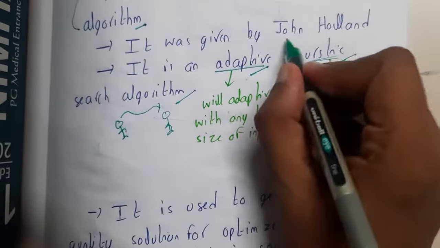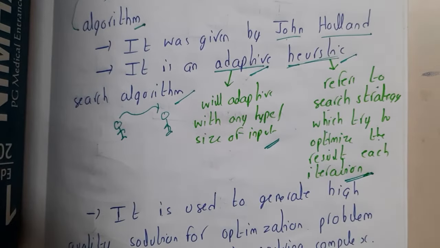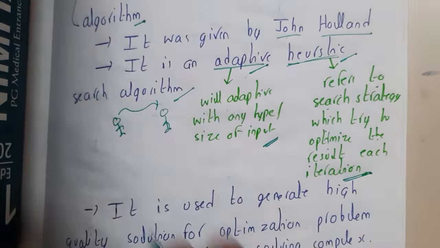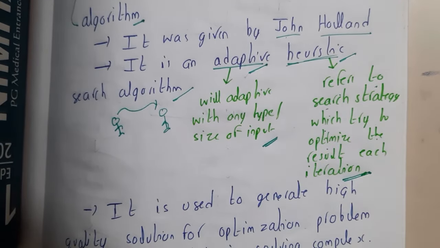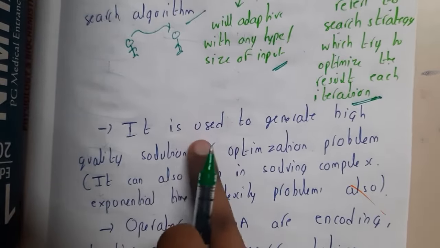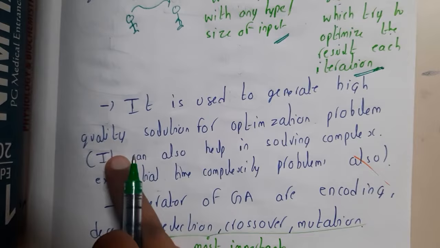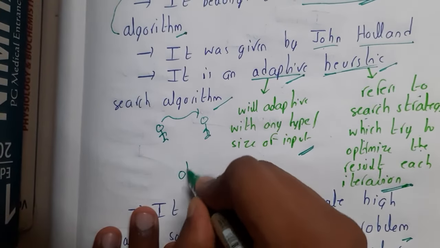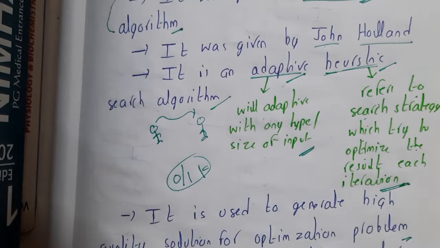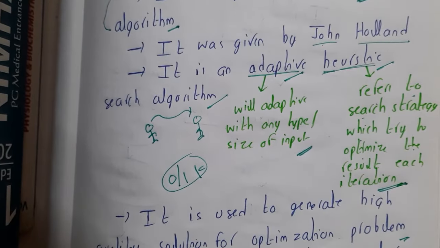This heuristic search was given by John Holland, guys. Remember the name, because he is also the founder of the genetic algorithm. It is used to generate high quality solutions for optimization problems. I think everyone knows the 0/1 knapsack and similar problems, which are a bit complex. Not for us, but for computers.